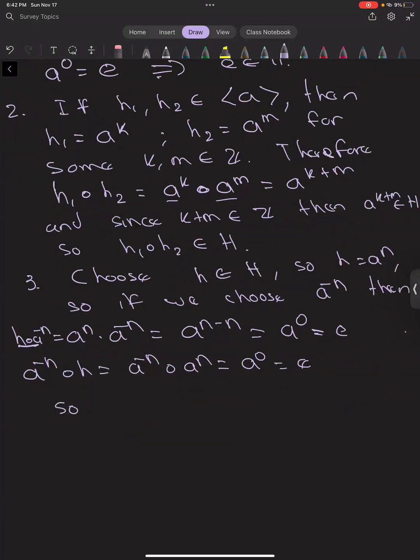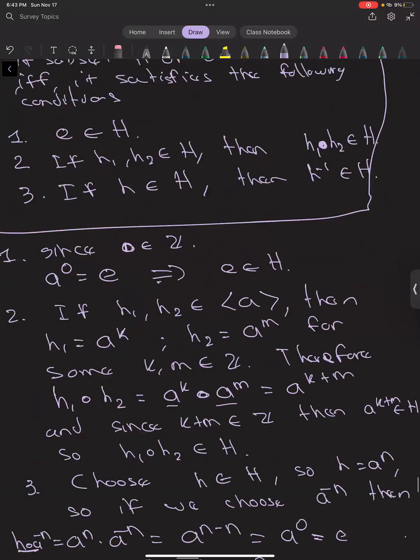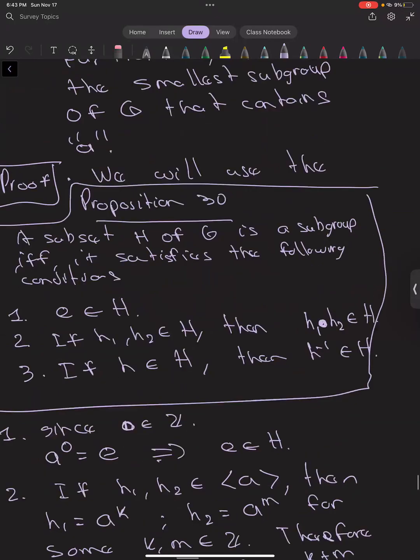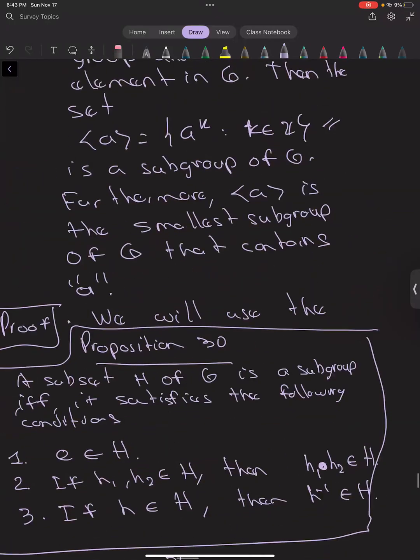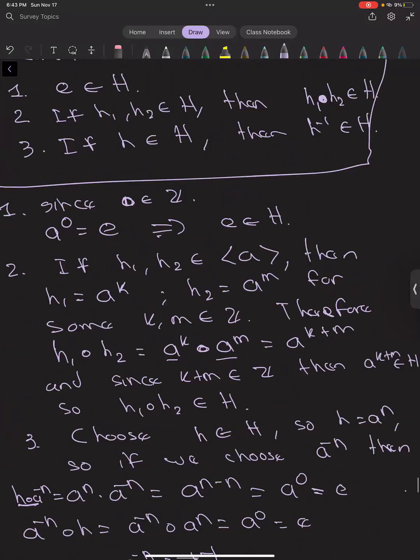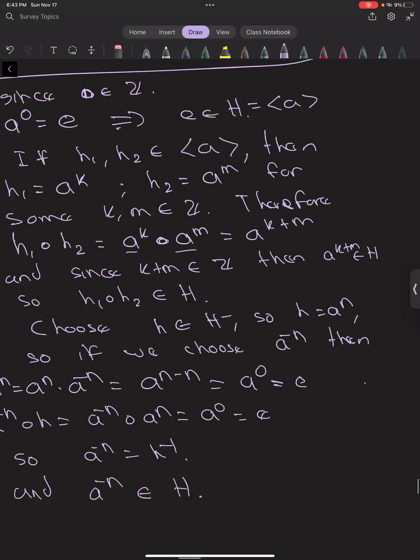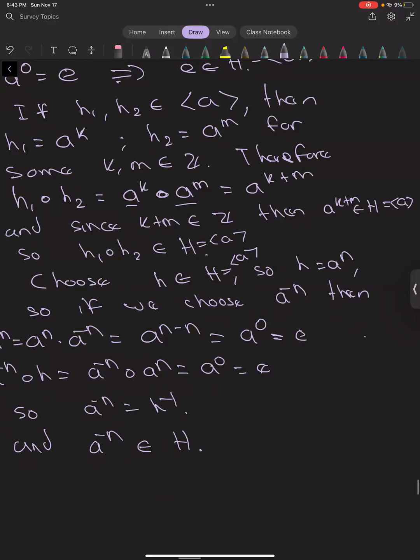Therefore, by the definition of the inverse, a to the minus n equals h inverse. And a to the minus n belongs to H, because any element of H is of the form a to the integer. So that's why it's a subgroup.